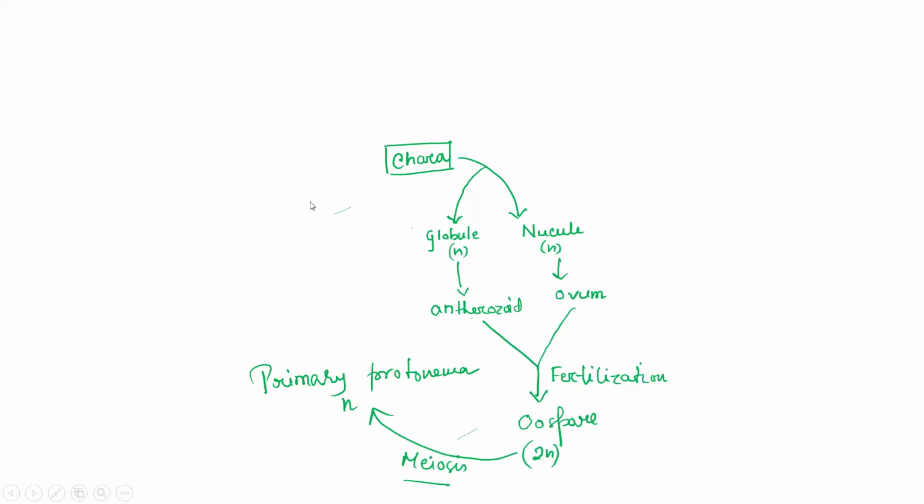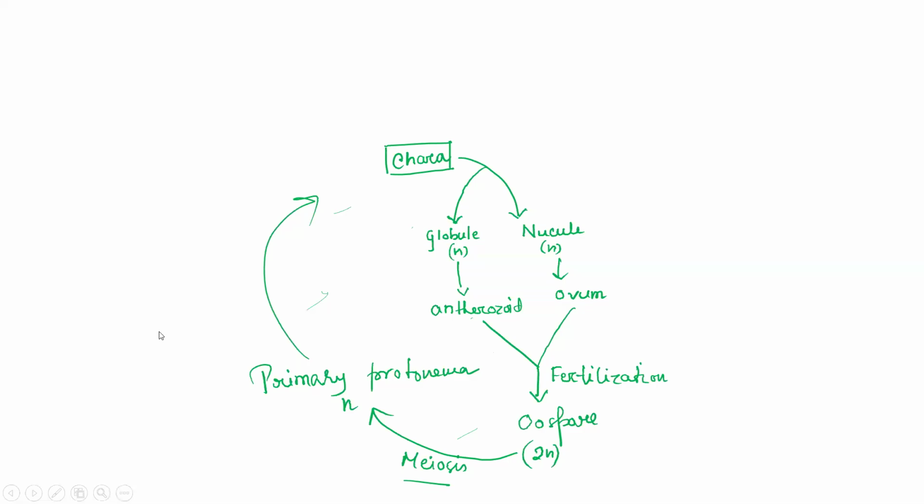This primary protonema will form the plant again. So this is the basic life cycle of Chara. I hope you have understood the basic idea of it. Okay.